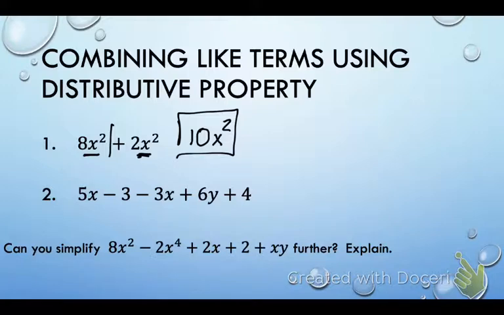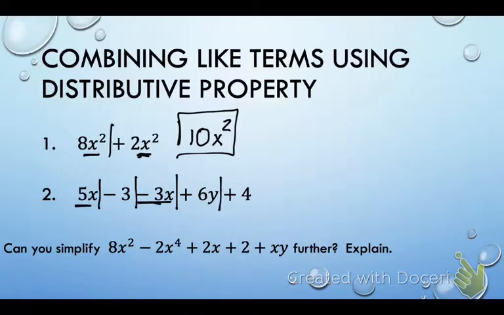The second one, same thing. I'm going to split up all my terms, and I always split before the plus or minus. So now I have 5x minus 3, negative 3, negative 3x, positive 6y, and 4. So if I start with my first set of like terms, that'd be 5x and negative 3x.